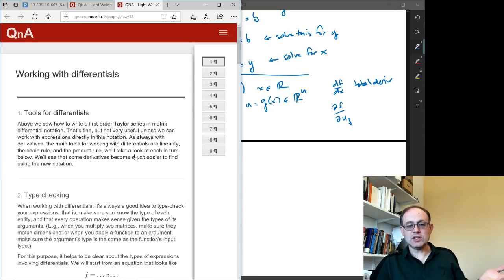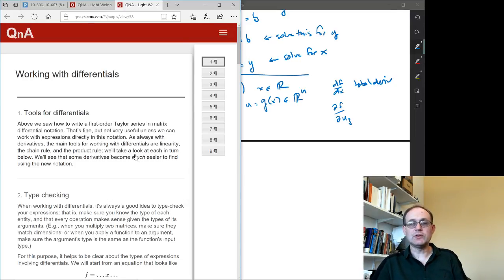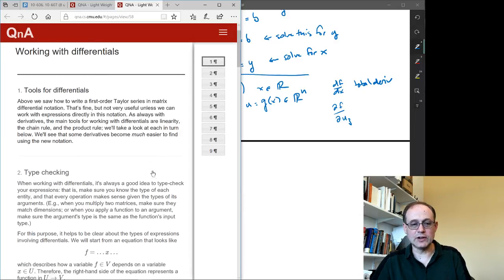And just like always when we're working with derivatives, there are three main tools: linearity, the chain rule, and the product rule. The sum rule as well, but that's much easier to work with. That's an example of linearity. We'll get into those later in this set of notes.